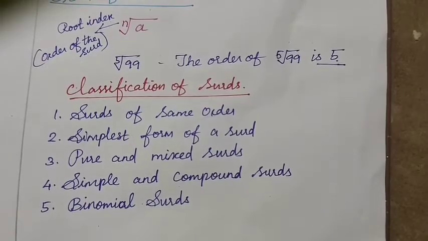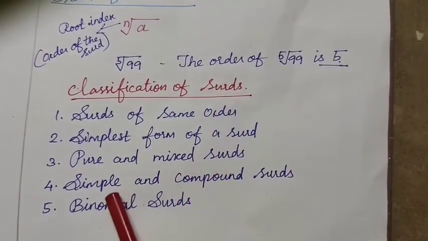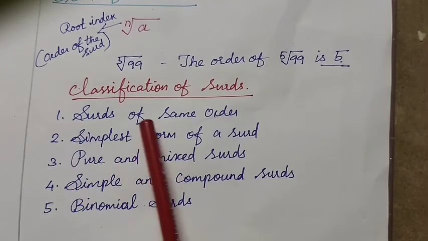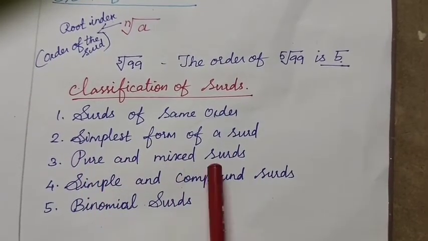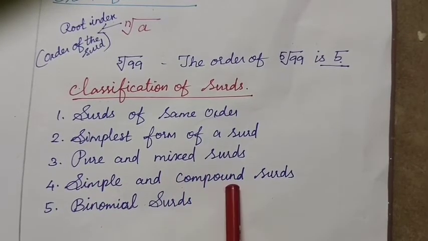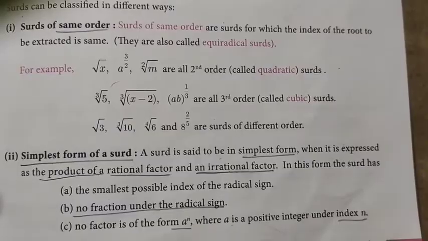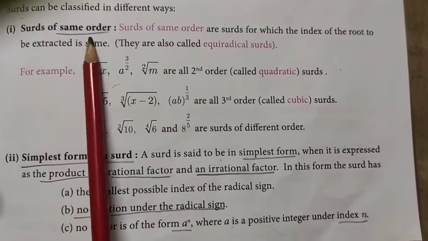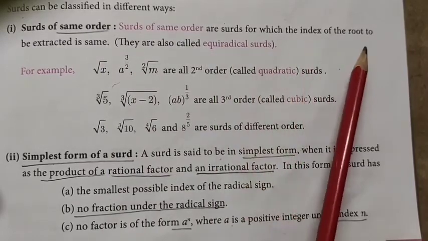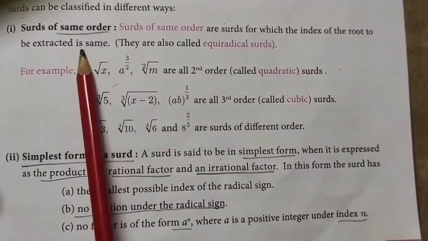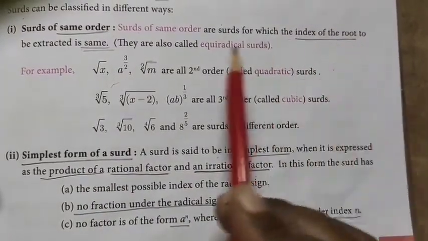Then classification of surds. Surds can be classified in different ways. They are surds of same order, simplest form of a surd, pure and mixed surds, simple and compound surds, binomial surds. First one, surds of same order. Surds of same order are surds for which the index of the root to be extracted is the same.